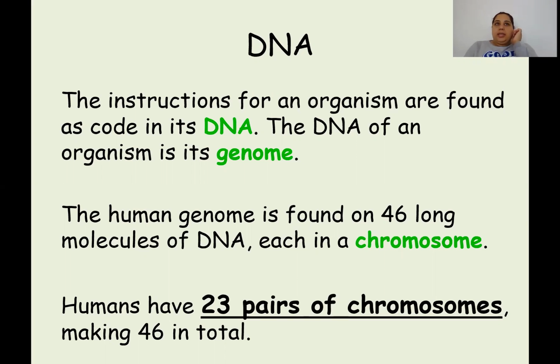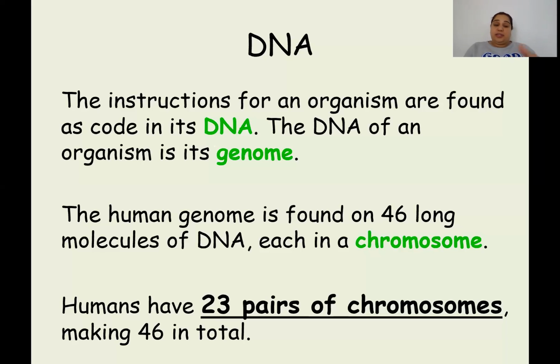So DNA is wound up really tightly into these structures called chromosomes. Humans have 46 chromosomes. Your entire instructions, the entire code, is held in those 46 chromosomes.